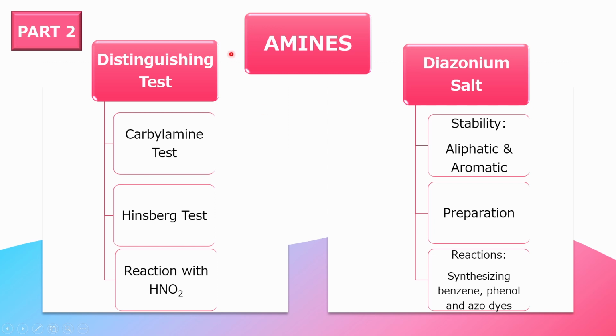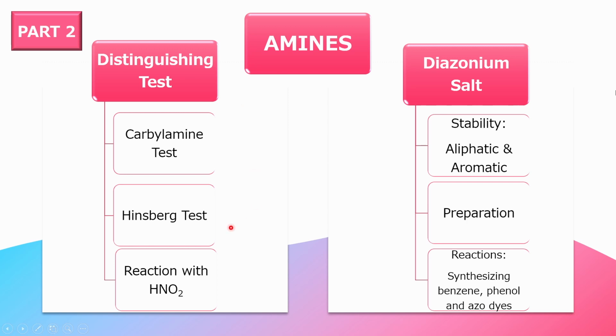We started with the distinguishing tests of amines, where we distinguish between 1 degree, 2 degree, and 3 degree amines. The first method was the Carbylamine test, where we produce foul-smelling compounds called carbylamines or isocyanides, and this test is shown exclusively by the 1 degree amine.